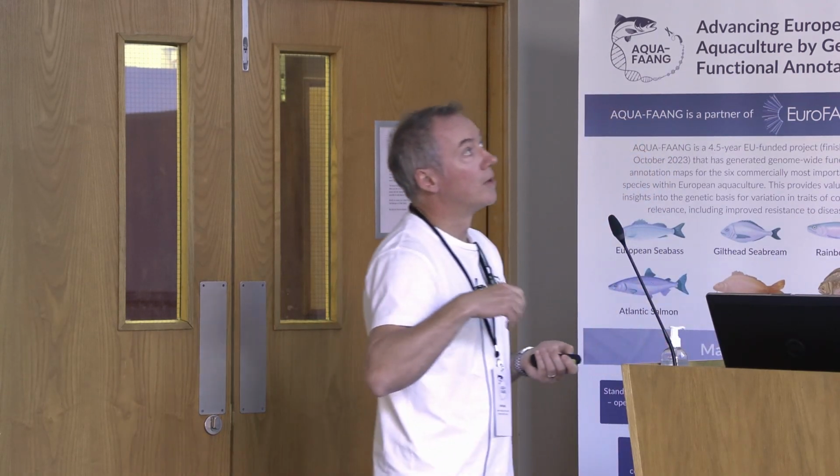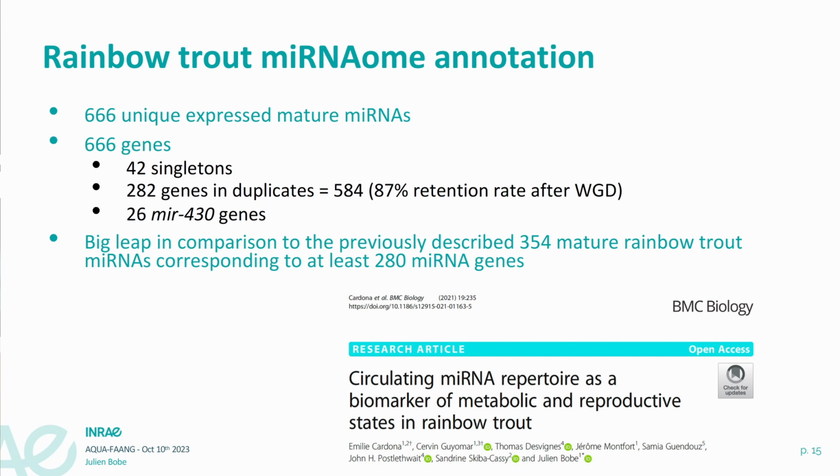Okay, so we have identified 660 unique mature microRNAs expressed in our data set, and they correspond to 666 genes. It's not expected that it should be the same number. It's totally unexpected, actually. It's just by chance, right? And you have to understand that if you work with salmonids, sometimes the orthologs are very similar.